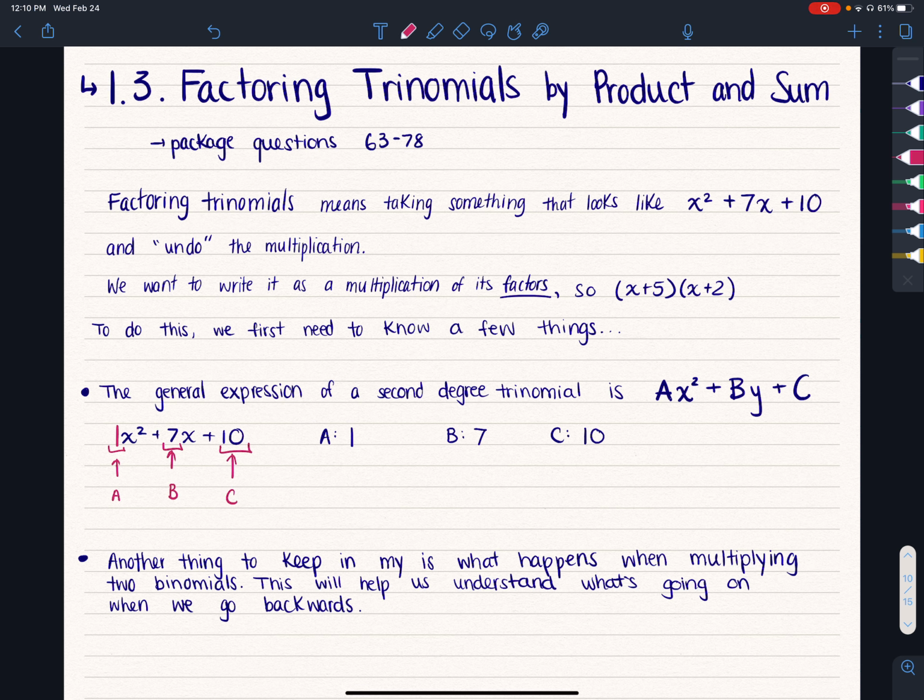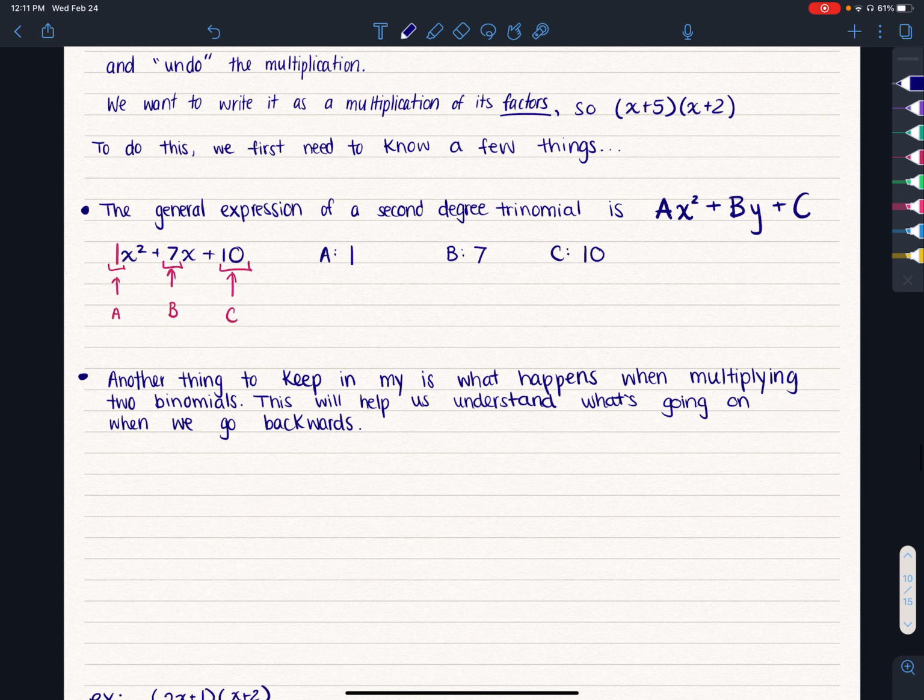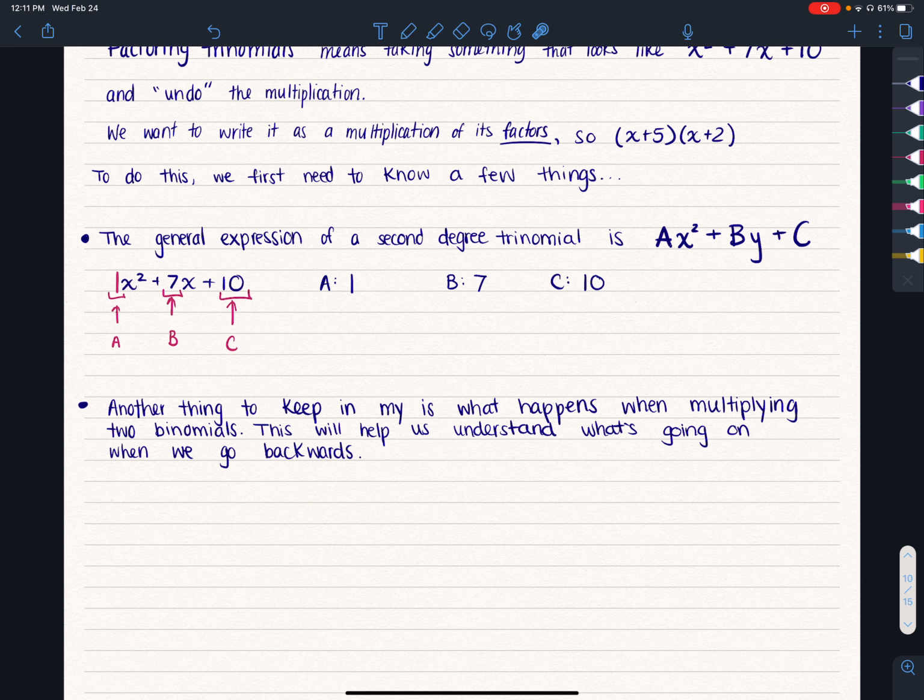Okay, so now the next thing that we need to keep in mind in order to understand what we're doing when we undo the multiplication is a little refresher on what it means when we go forwards. Since I have the answer here, I know that it's going to be x plus 5, x plus 2. I'm going to review what it looks like when we go forwards.